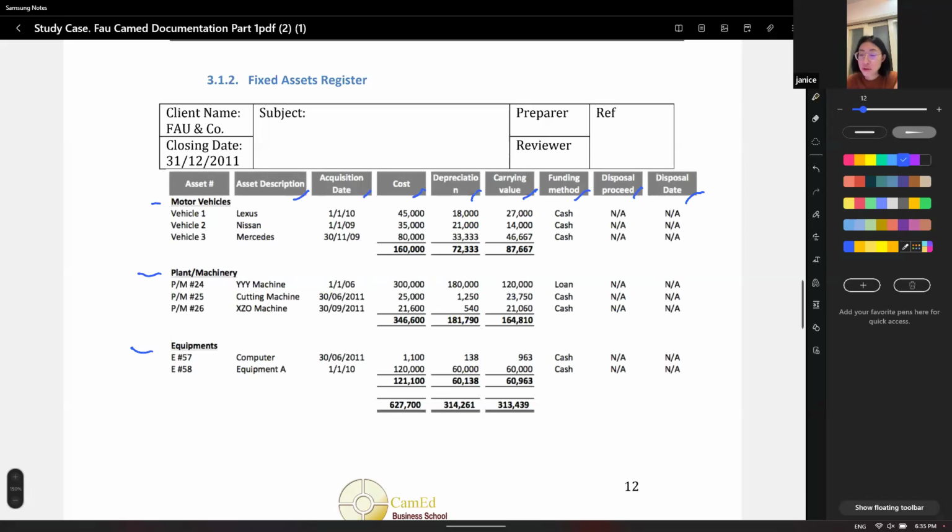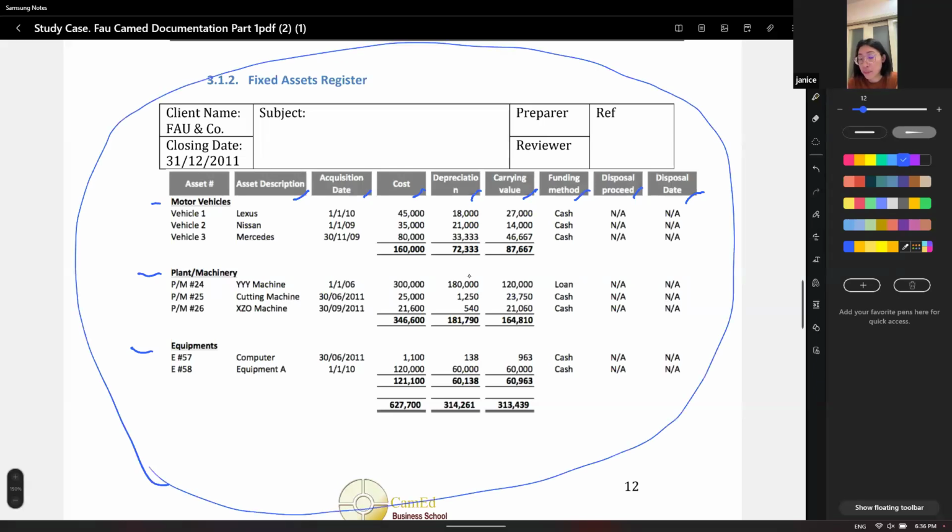So that's a very basic fixed asset register. And as auditors, we need to check if this document has been prepared properly.